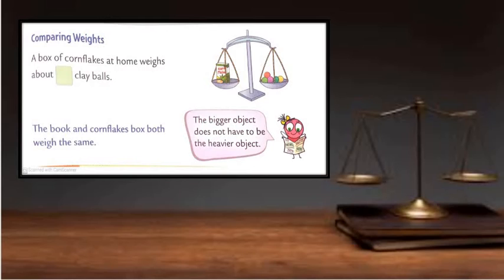Now see, here on one side of the weighing scale there is a box of cornflakes. On the other side there are some clay balls. Now write with me, a box of cornflakes at home weighs about dash clay balls.